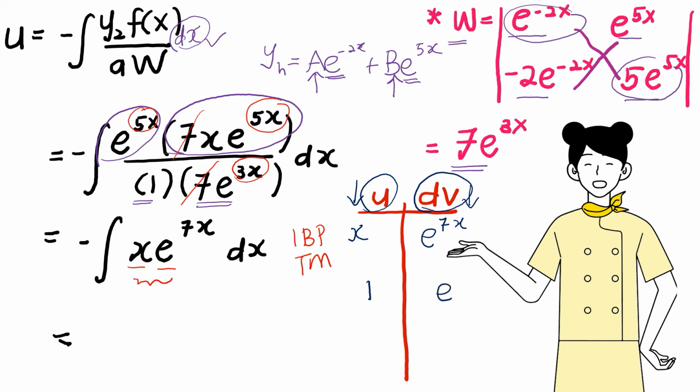Differentiating x gives me 1. Integrating this gives 1 over 7 e^7x, and then differentiating 1, I get 0, and then this one is 1 over 49 e^7x. So we cross, and alternate the signs plus minus, so we have negative outside.